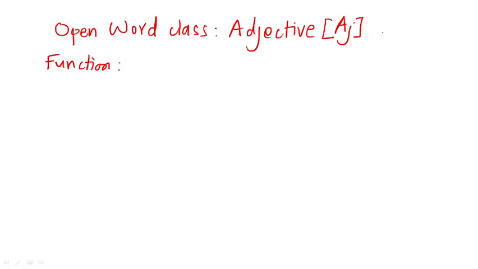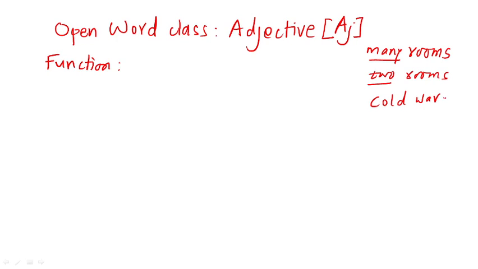For example, many rooms. Here many is quantity. Two rooms. Here this word two functions as adjective. Cold wave. These things you already know.